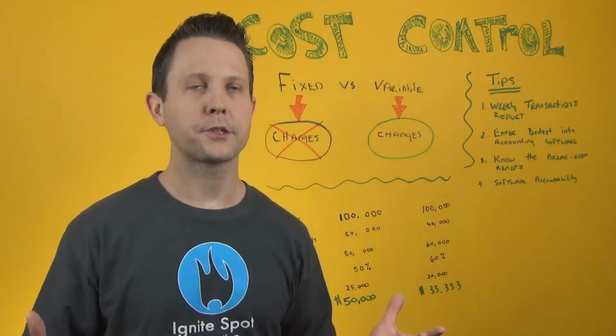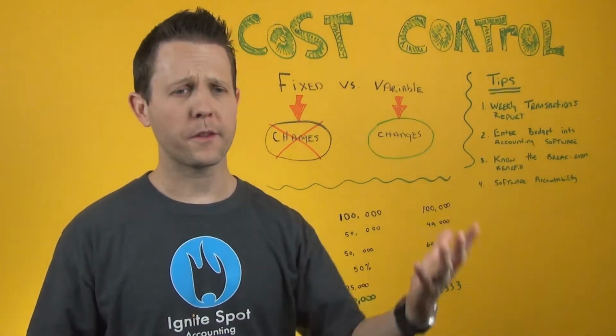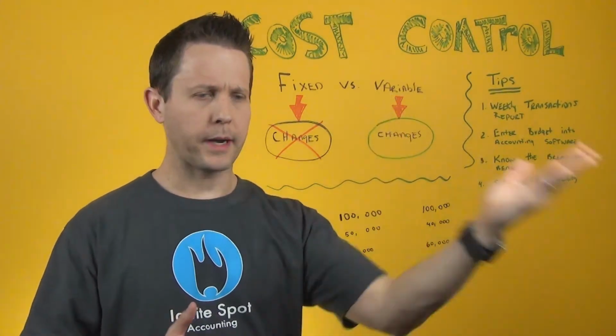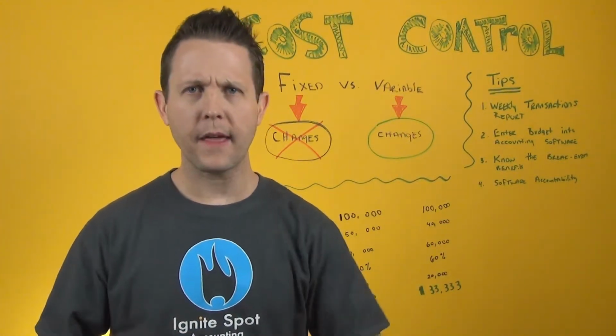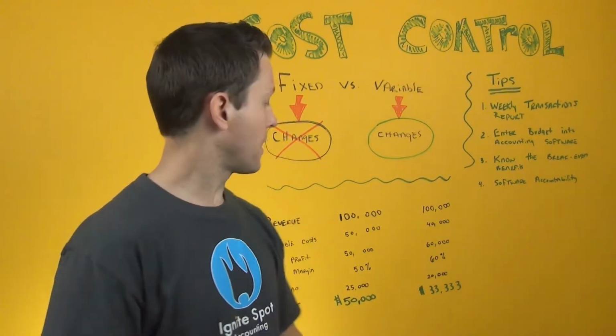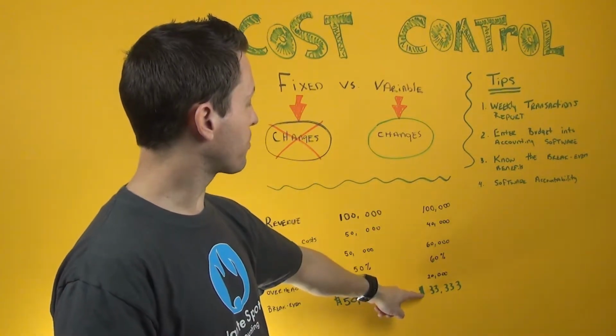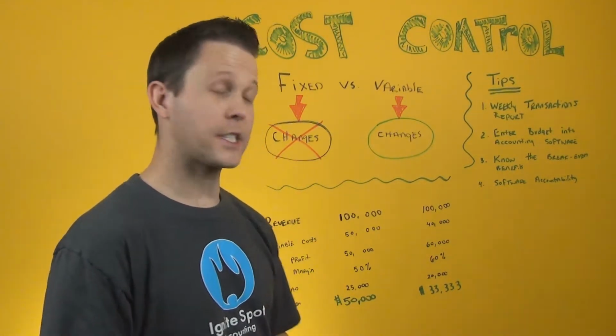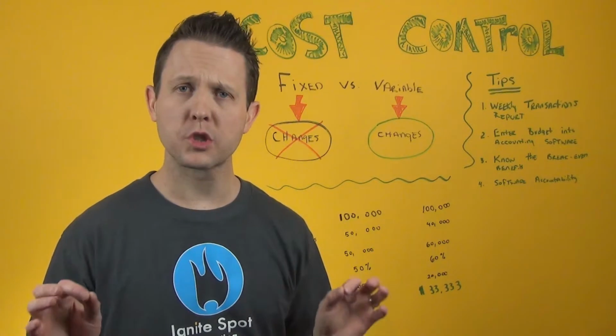This is an exercise where they sit down with their accountant and just look at where they're spending their money. Again, going back to the weekly transaction report, we're spending money here and we don't need that, so we cut that out. But if you can get $5,000 out of your overhead spend, what happens is their break-even point goes down to $33,333.